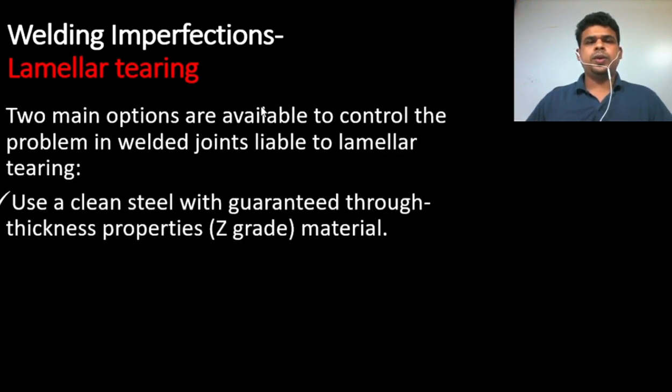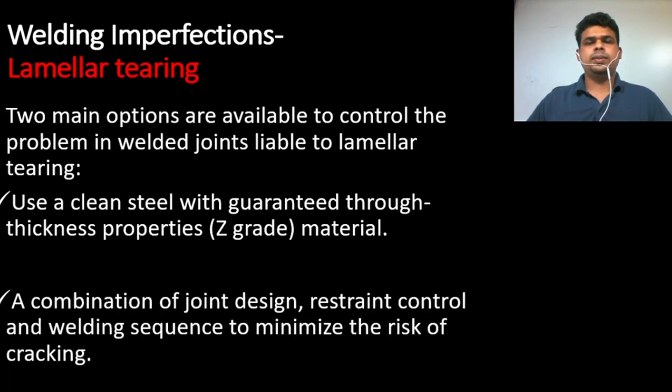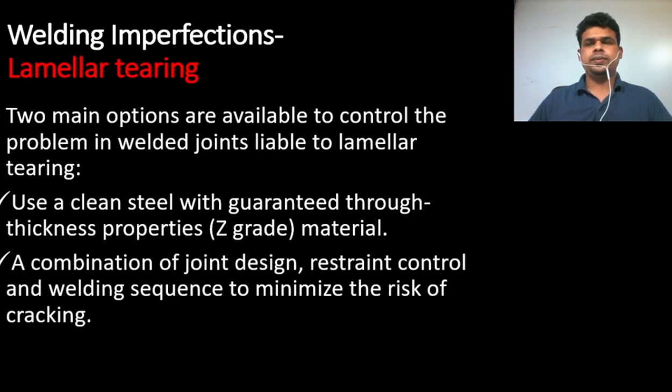Two main options are available to control the problem in weld joints liable to laminar tearing. We already saw why laminar tearing happens, so now you will know how you can prevent it. First, use a clean steel with guaranteed through-thickness properties.